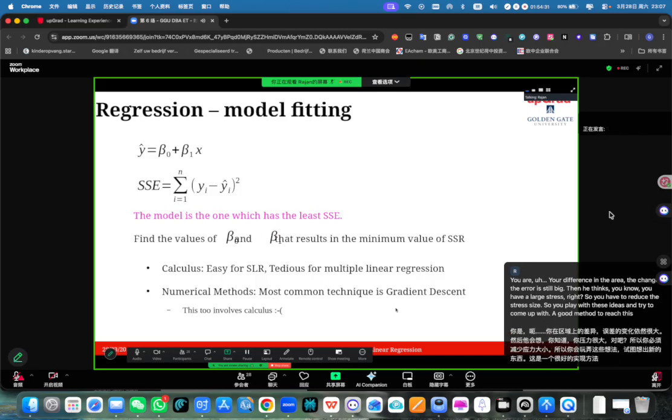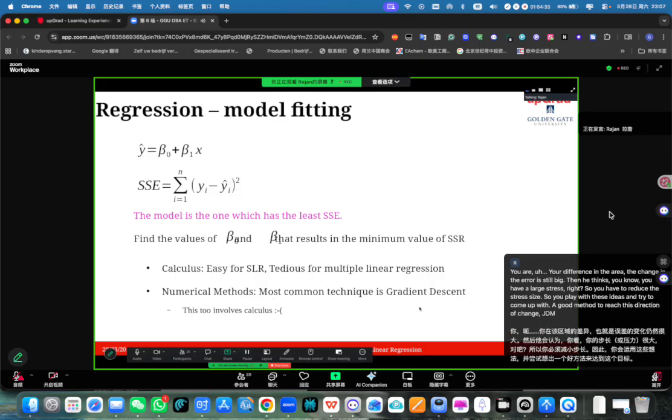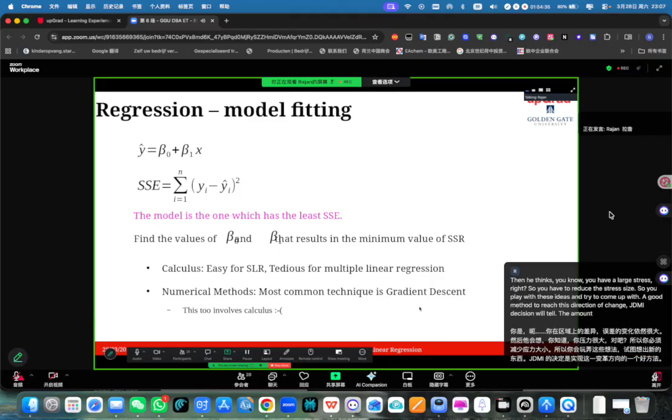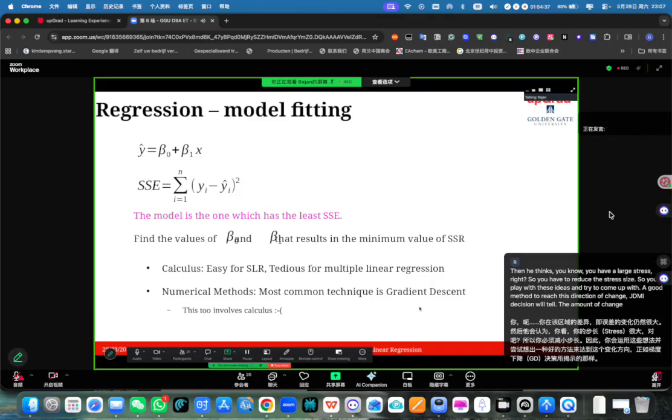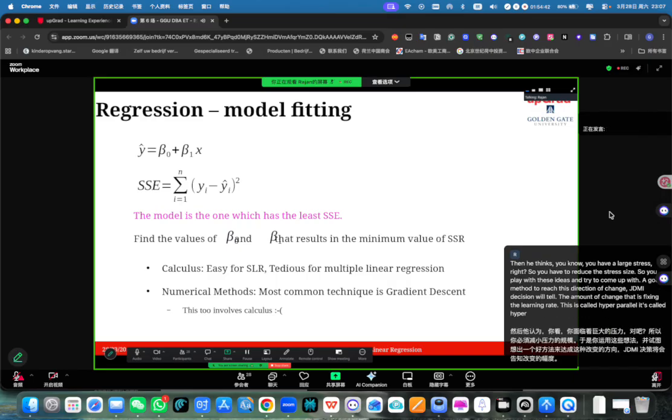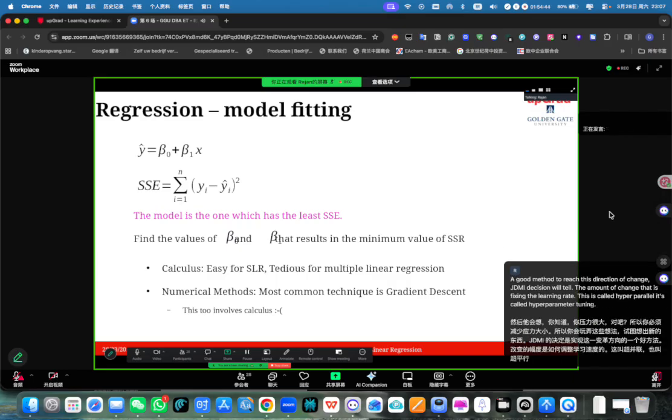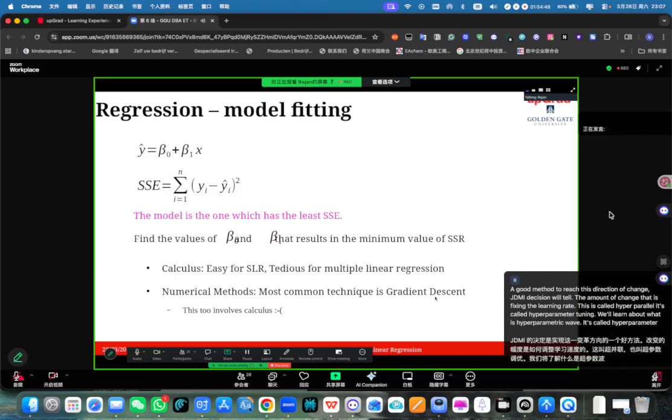The direction of change, gradient descent will tell. The amount of change is fixing the learning rate. This is called hyperparameter tuning. We'll learn about what a hyperparameter is in a short while. It's called hyperparameter tuning, and that is something we have to play around with.